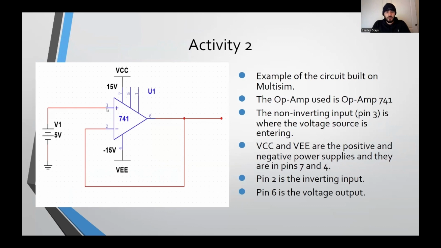Pin 3 is the non-inverting input, where the 5 volt source enters. Pin 7 and pin 4 are the positive and negative power supply, at 15 volts and negative 15 volts. Pin 2 is the inverting input, and pin 6 is where the voltage output comes through.